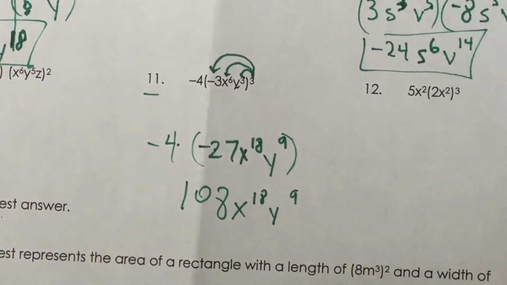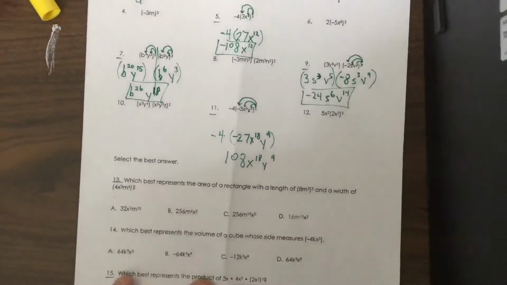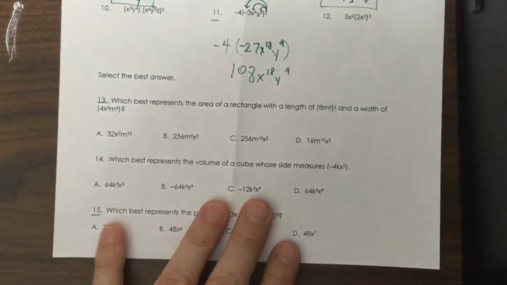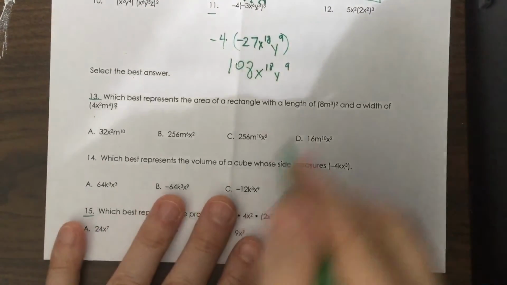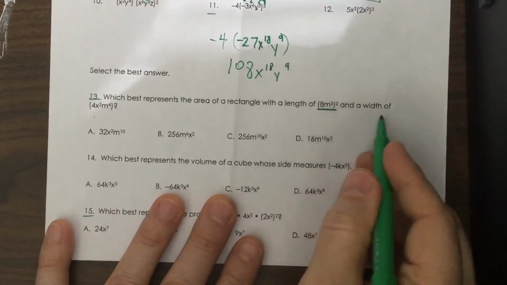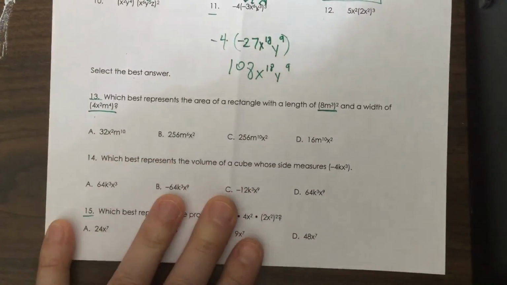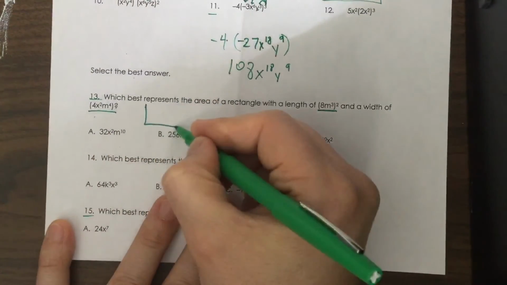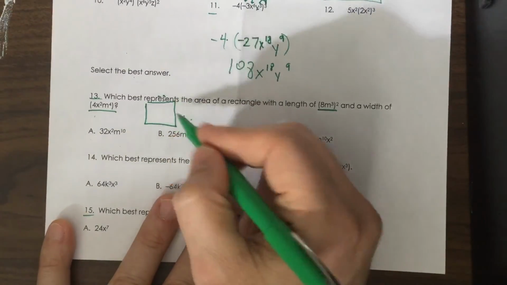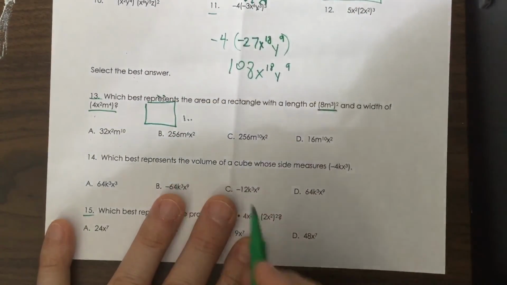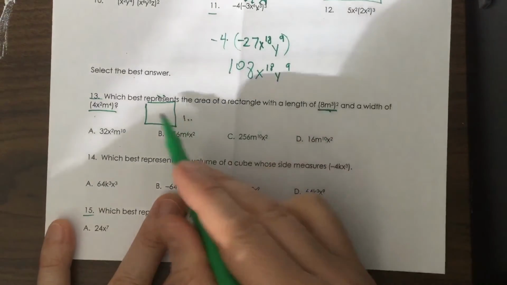Okay? Now we're down to the word problems. I'm going to zoom out so we can read them. Number 13. 13 says, which best represents the area of a rectangle with a length of this and a width of this? It's pretty straightforward, actually. An area of a rectangle, it's length times width, so basically you're multiplying this times this.